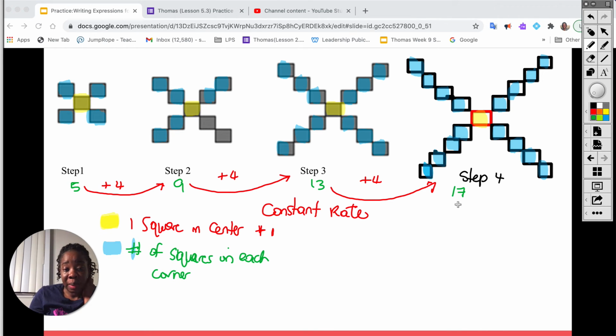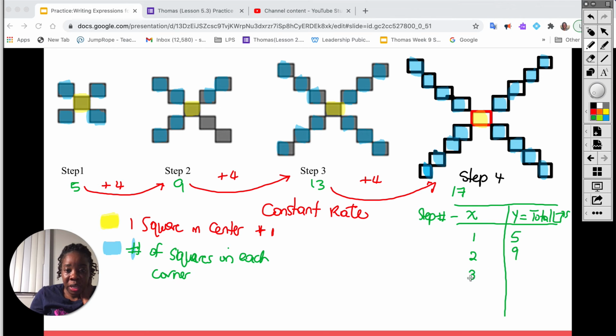So if we were to establish a table to try to figure this out, where our x is our step number and our y is total squares, then on step 1 we had 5, step 2 we had 9, step 3 we had 13, step 4 we had 17, and we're noticing something.